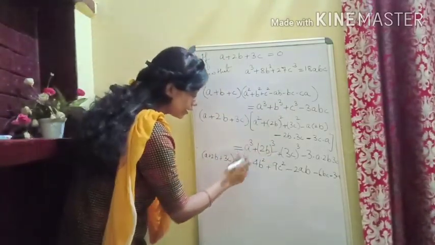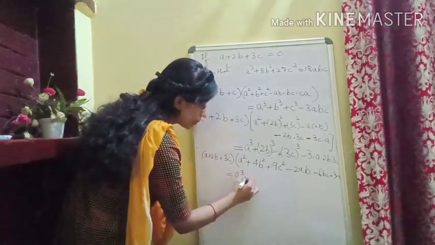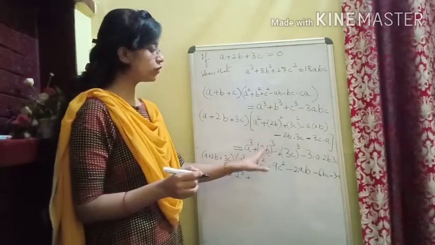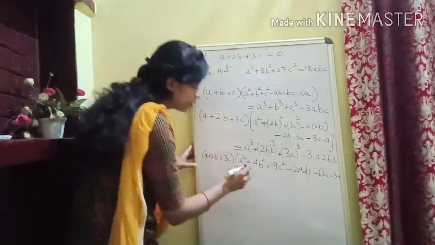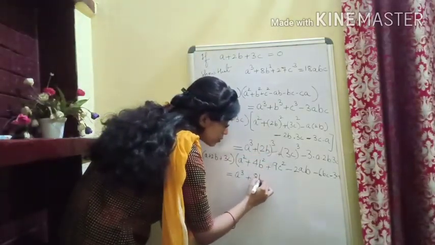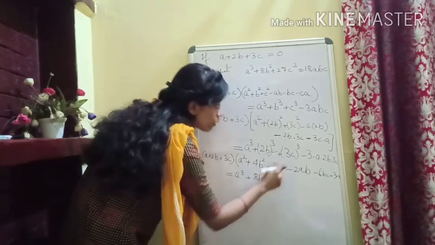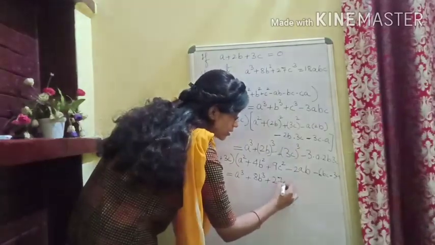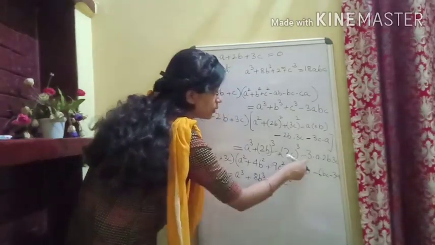It is A cube plus, when you cube 2B, the 2 cube will be 8 and B cube will be simply B cube. So it will be 8B cube plus, now 3C cube, 3 cube will be 27 and C cube is simple as C cube, minus.